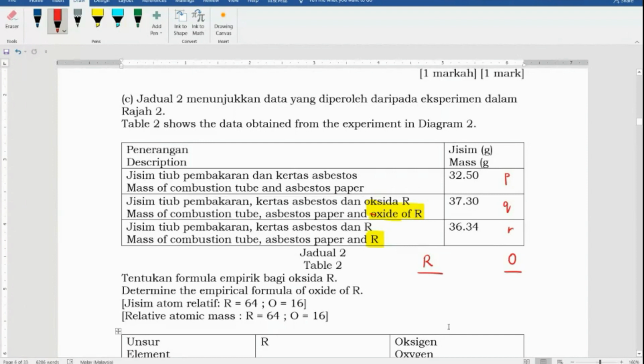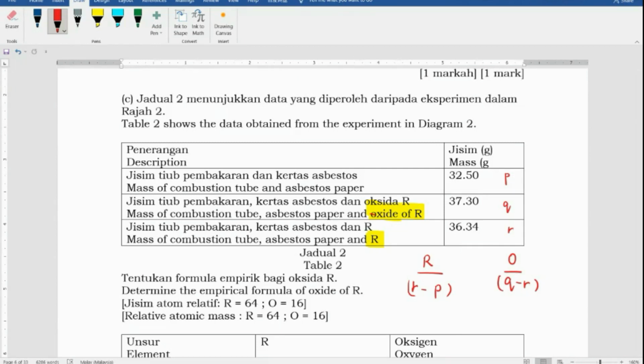R minus P. Because P is empty, R has the R here. So the mass of R is R minus P. Then Q minus R, you get the O.